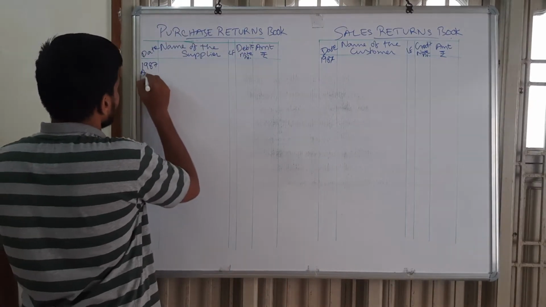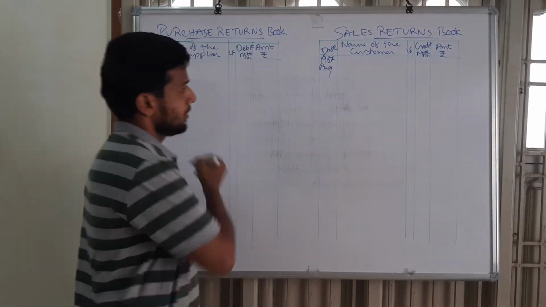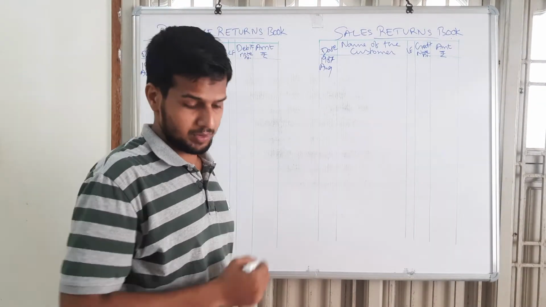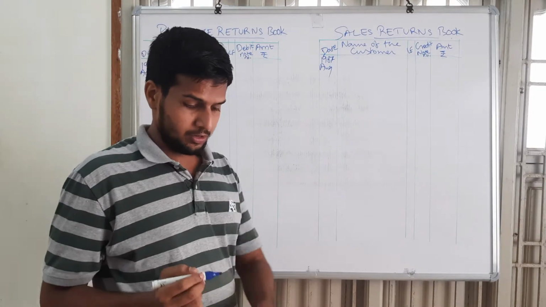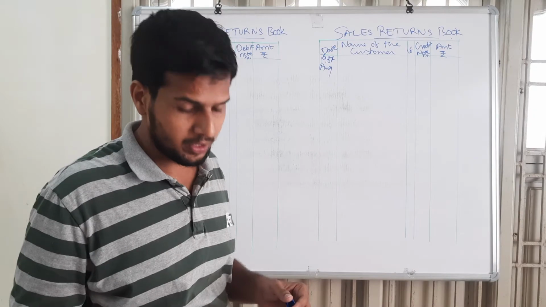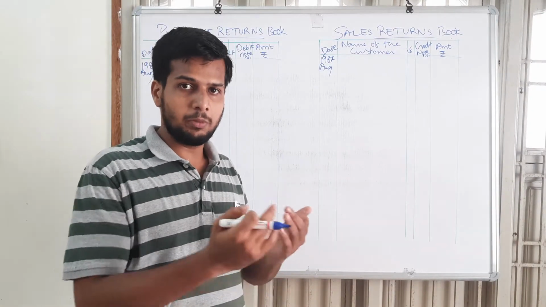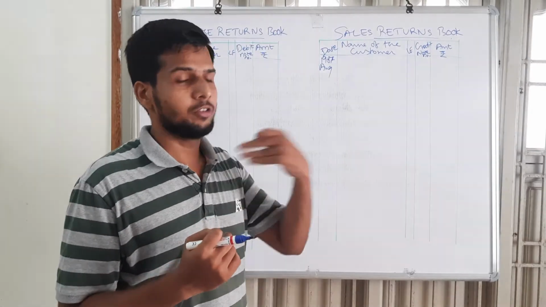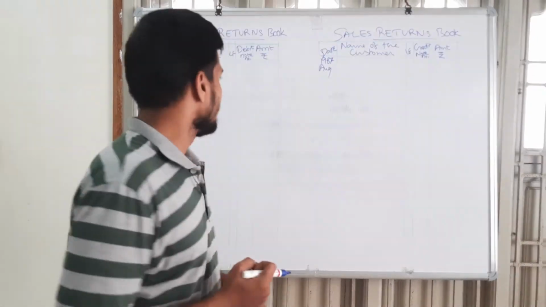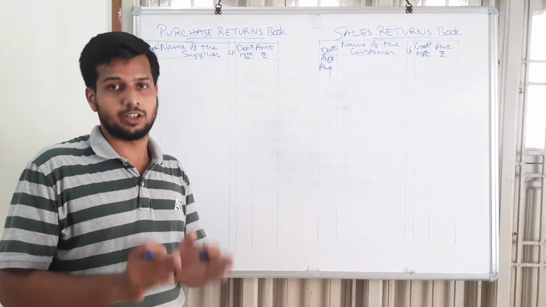Every transaction is related to the month of August. Look at the date 1: purchased goods returned to Sendil. We already bought the goods, and they are returned to Sendil, so here it refers to the purchase returns.